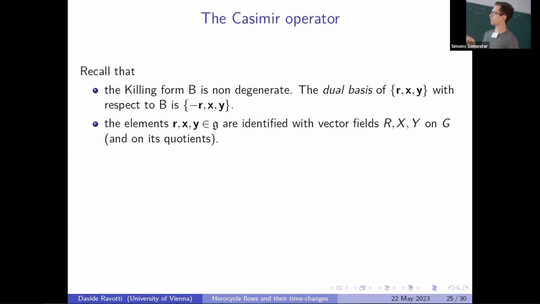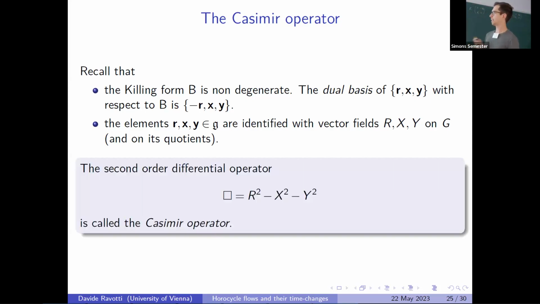With these facts in mind, I can define the Casimir operator. The Casimir operator is a second order differential operator. I fix the basis and take the dual basis, and then I define the Casimir operator as the sum of each element of the basis composed with its own dual. So it would be R times minus R, and here I'm taking a minus sign.